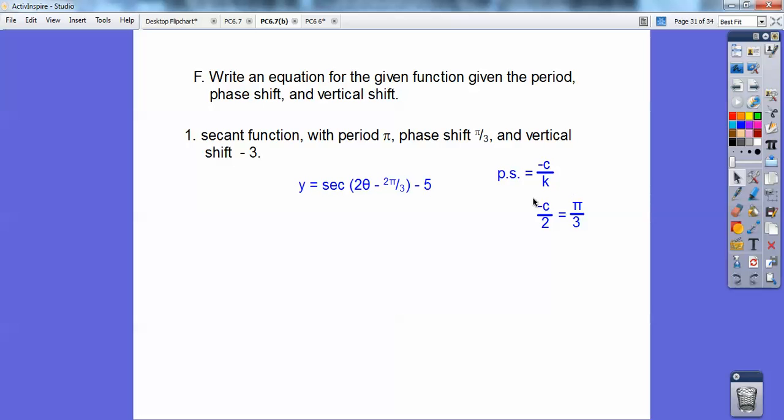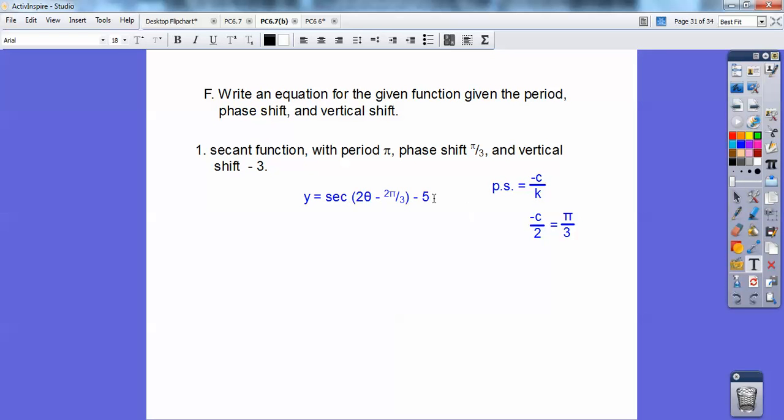The phase shift is opposite c over k, and I know k is 2, so it's opposite c over 2, cross multiply, and you get your phase shift to be 2 pi over 3. The only mix-up I have is that it should be a minus 3 there, because your vertical shift is down at minus 3. So let me change that to minus 3.